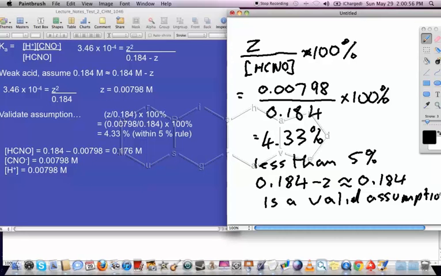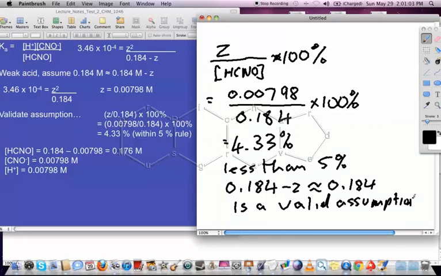Let's say it had come out to greater than 5%. What that would indicate is that this would not have been a valid assumption, and my only choice would have been to go back and solve that nasty quadratic equation that I had earlier. So, if it turns out that the Z value is less than 5% of the entire thing, then we're going to say that this was a valid assumption and we can continue on with our problem.